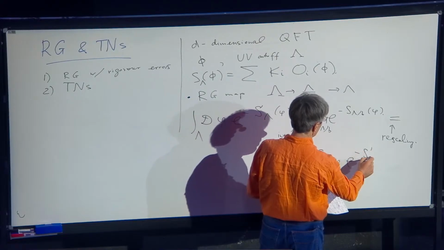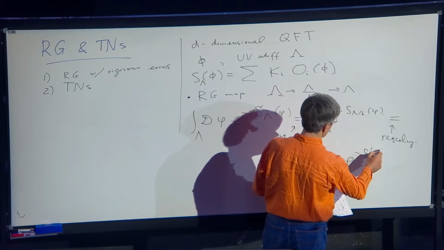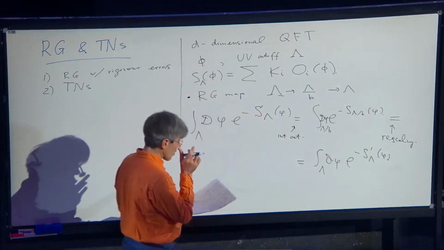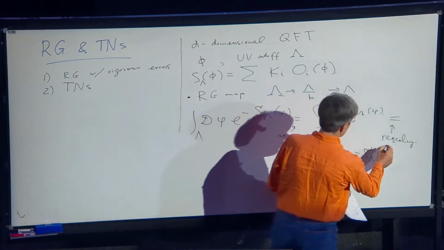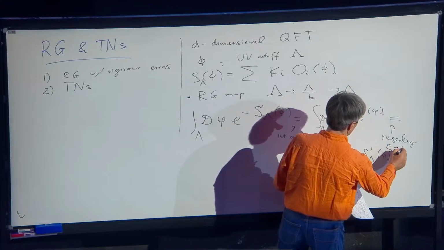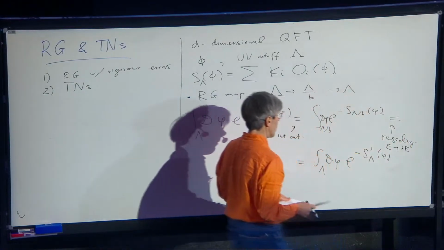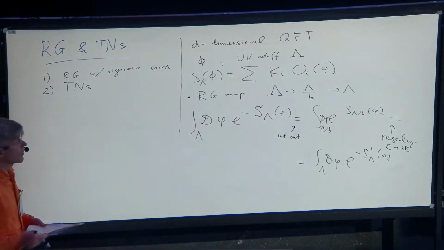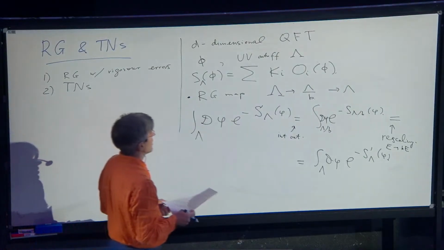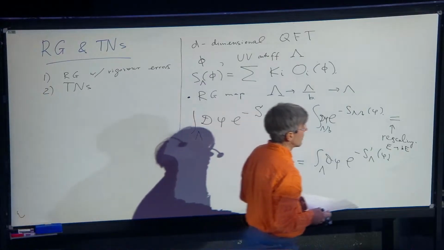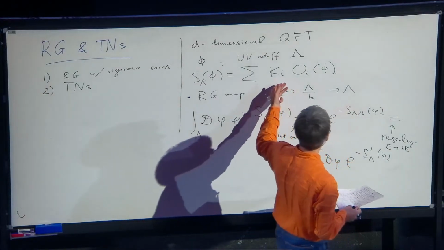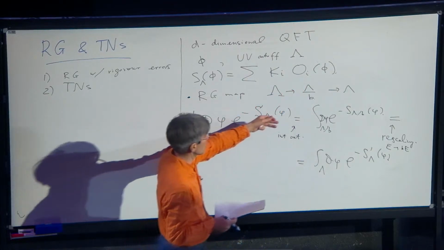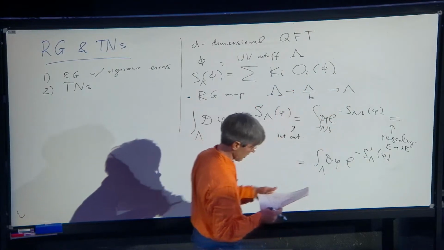So now I have another action, S prime lambda, depending on phi. This rescaling step basically rescales energies, E goes to bE. The physical meaning of this rescaling step is that I want to measure the couplings in my action at the scale of the cutoff. Since I changed the cutoff, I have to rescale everything back.